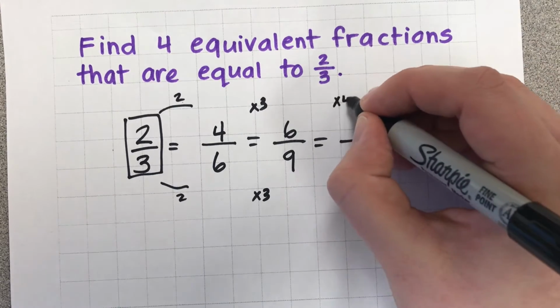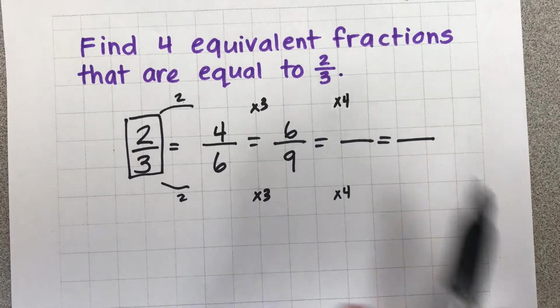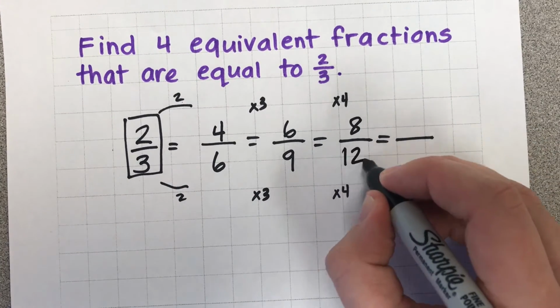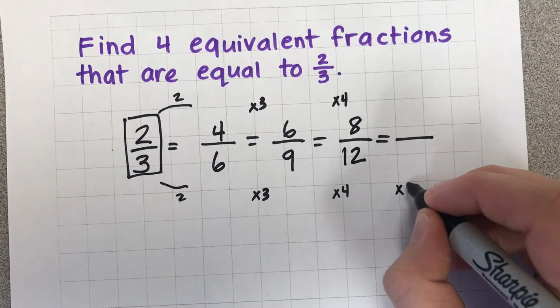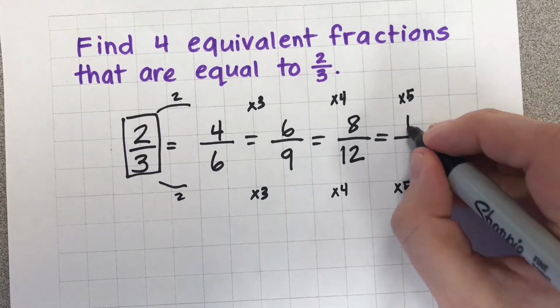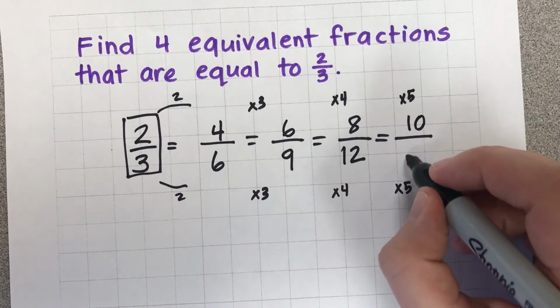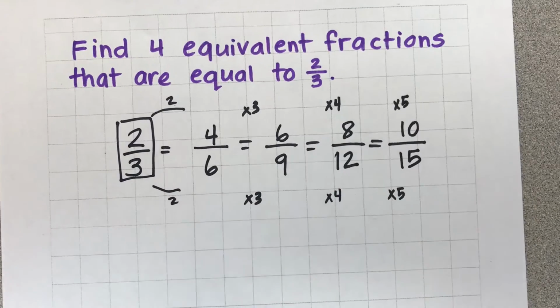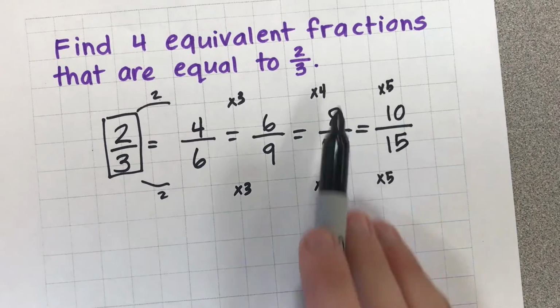Just go right in order. 2 times 4 is 8, and 3 times 4 is 12. And then for the last one, I'll just do 5. 2 times 5 is 10, and 3 times 5 is 15. So these fractions are all equivalent to each other, and this is the answer to this question.